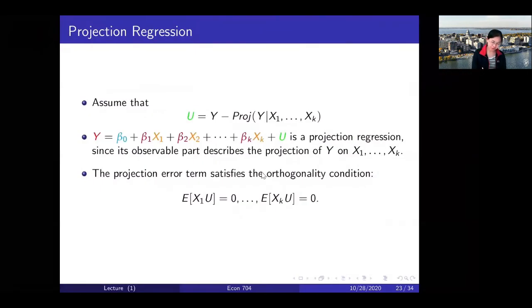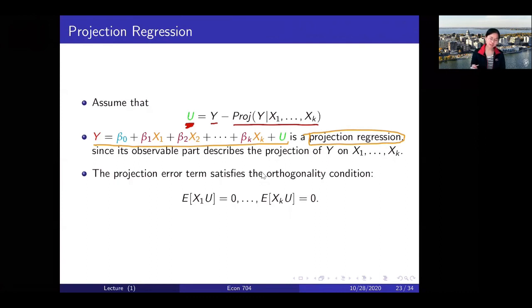And if you now define the error term to be the difference between y and the projection, then this colorful equation is a projection regression. It's no longer a conditional mean regression, but it's now a projection regression.